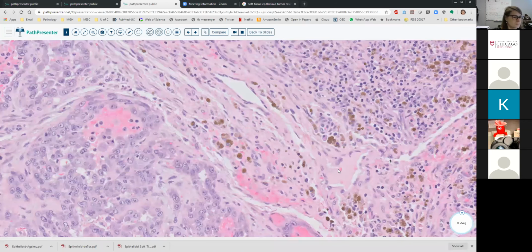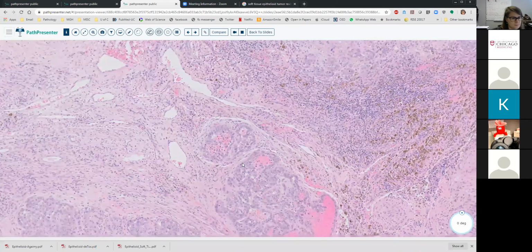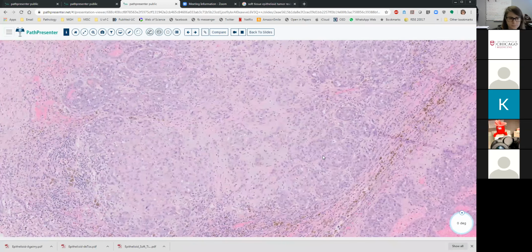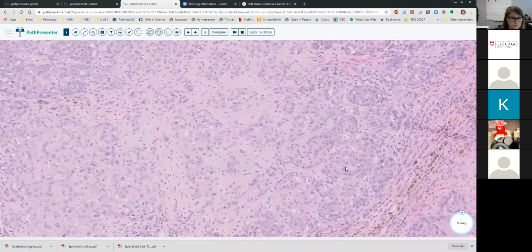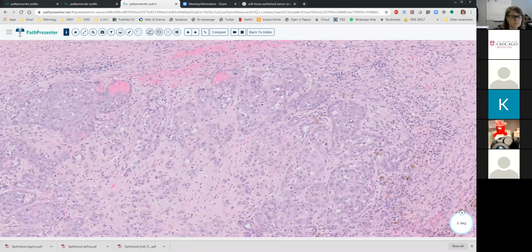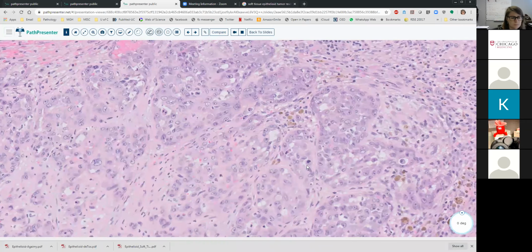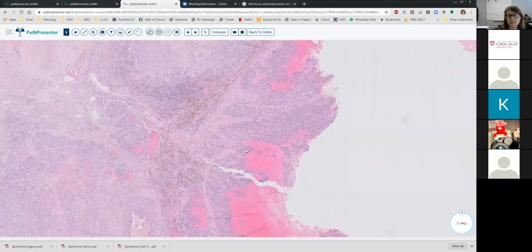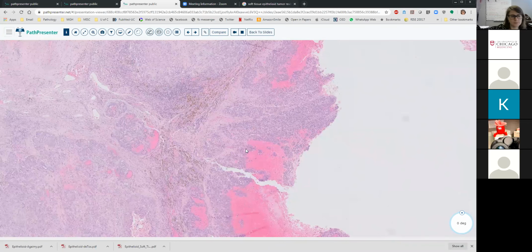With a lot of that hemorrhage, this hemosiderin, and these dilated, probably leaky vessels, and these pseudolumina, I would think about something malignant and vascular in origin. Right. So malignant and vascular means?